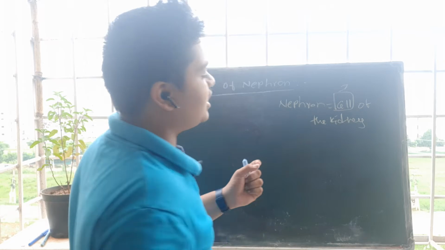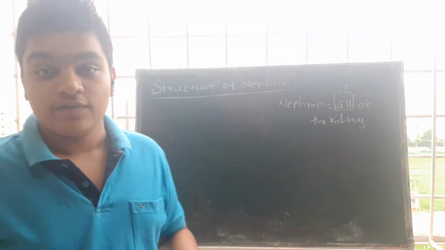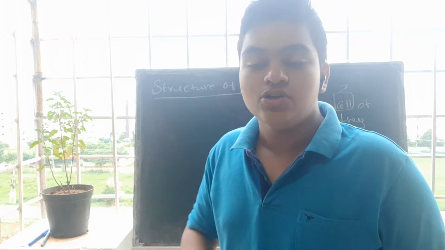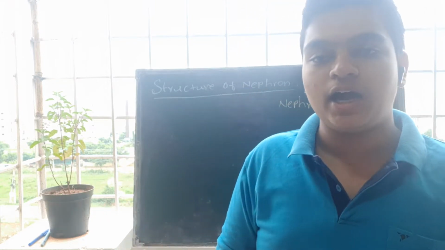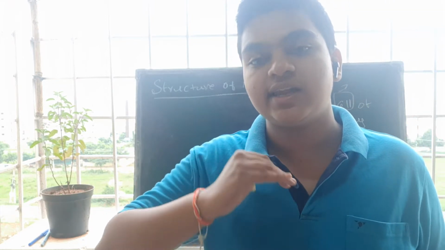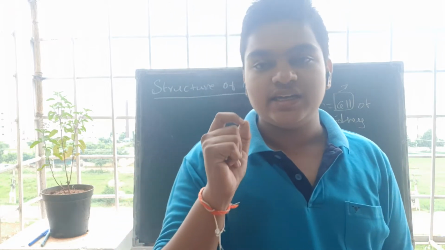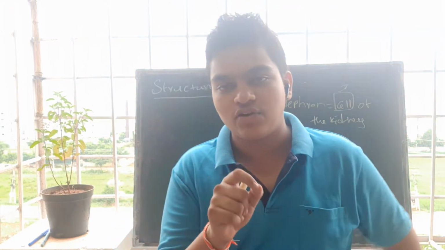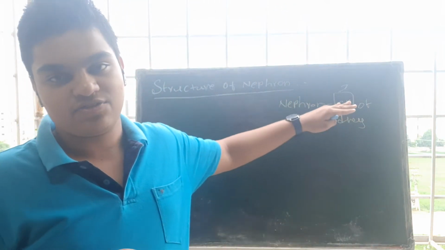Cell is the structural and functional unit of life, whereas nephron is the structural and functional unit of kidney. That is why I made a comparison between cell and nephron. That is what nephron is.